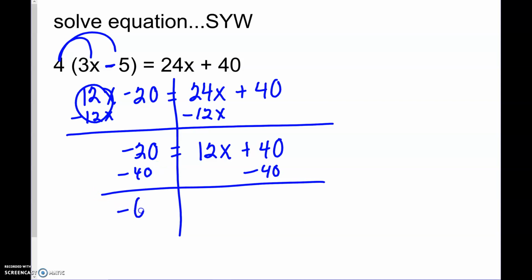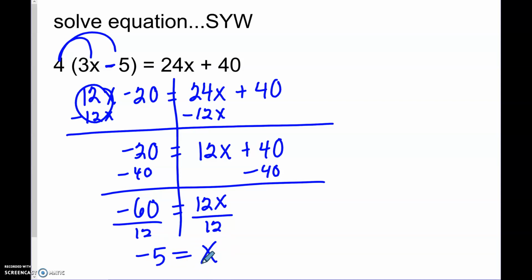So we have negative 60 equals 12x. That says 12 times x, so the opposite of times is divide. Negative 60 divided by a positive 12 gives us negative 5 equals x.